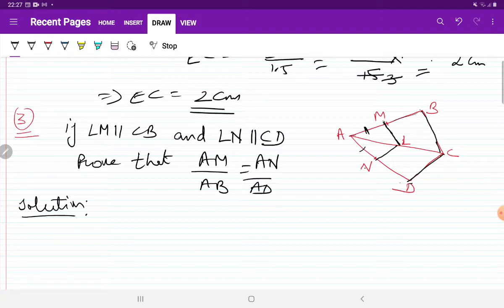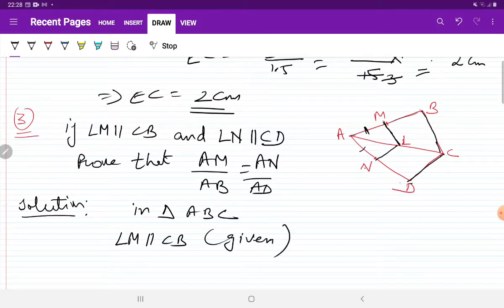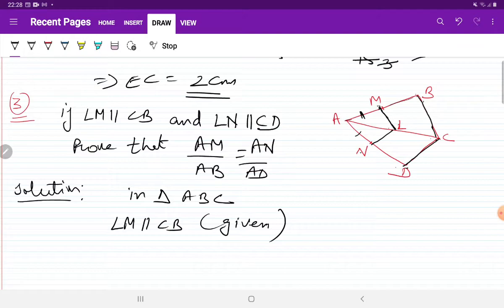First of all, we'll take triangle ABC. In triangle ABC, which 2 sides are parallel? LM is parallel to CB. This is given. We are using the given. Now if 2 sides are parallel, the ratio of the other 2 sides will be the same.